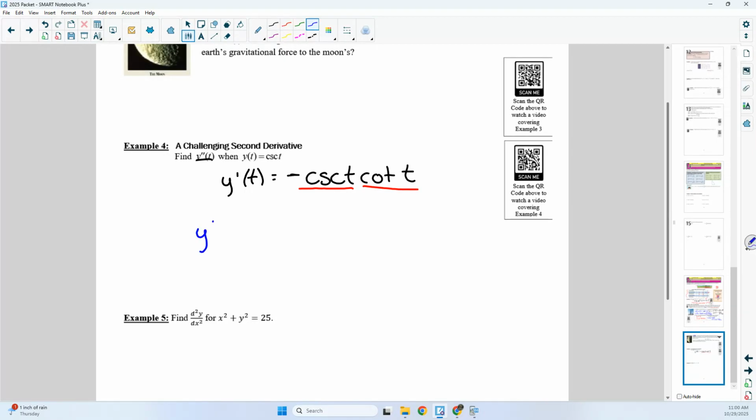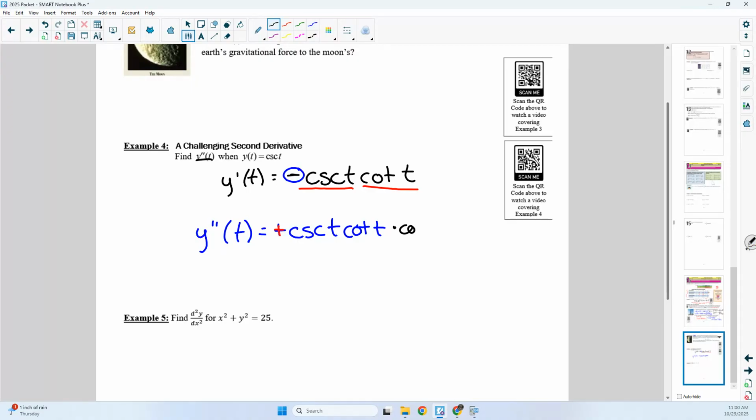So the second derivative of negative cosecant is going to be negative cosecant t cotangent of t, and I actually have to make that positive because we have this negative here already. We'll do positive in a different color just so it's not so confusing.